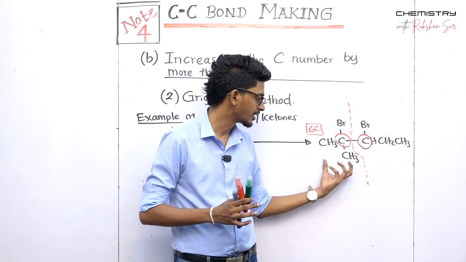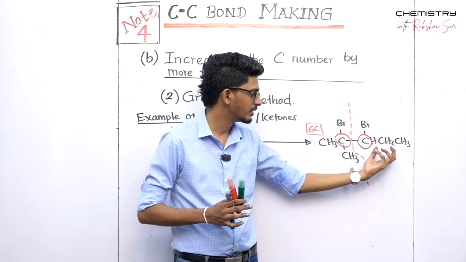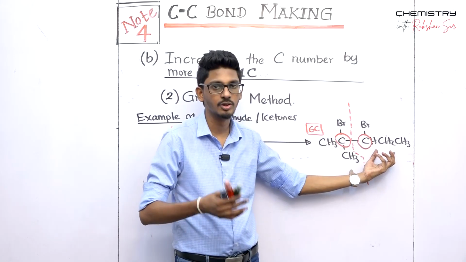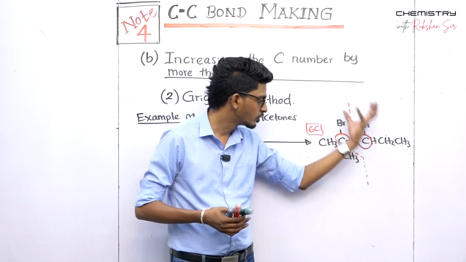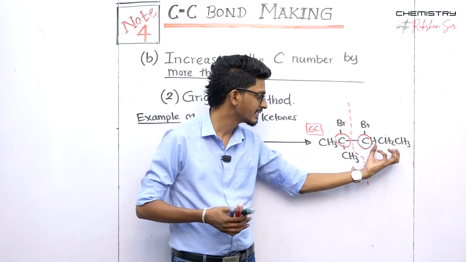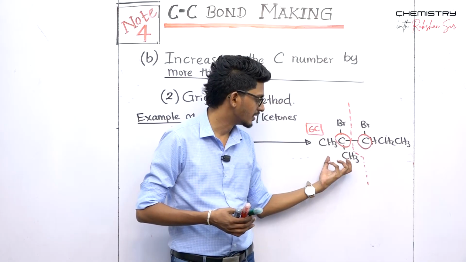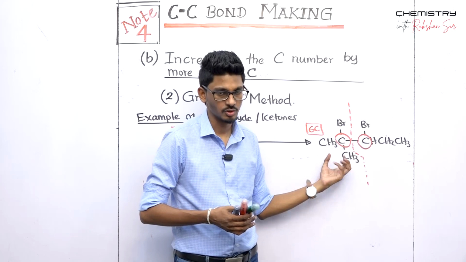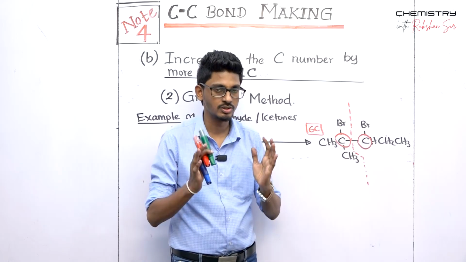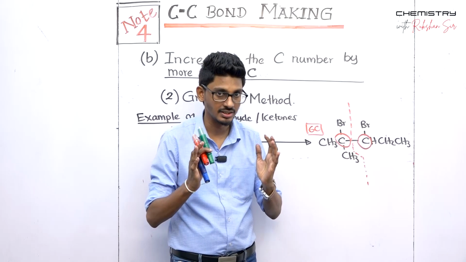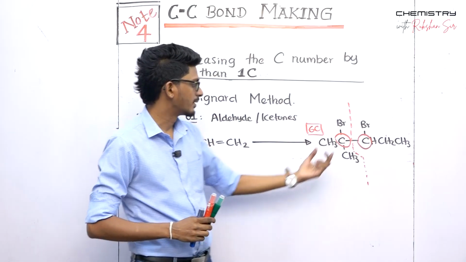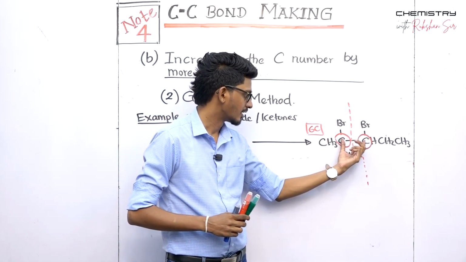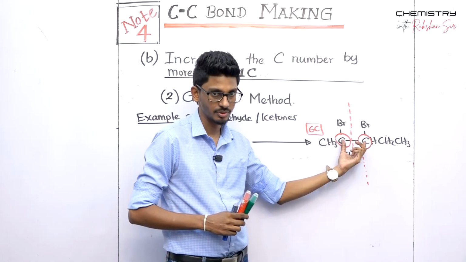It could be an aldehyde or a ketone. If this block is coming from the Grignard, then this should be the aldehyde or a ketone. So we can suppose like that. We are trying to come up with the correct carbon skeleton here. Okay. So this carbon-carbon connectivity is done through the Grignard.